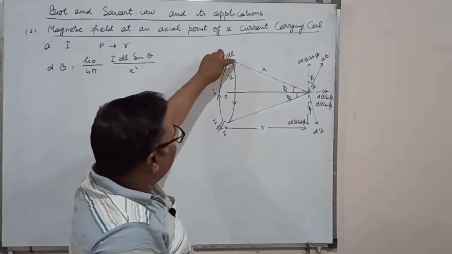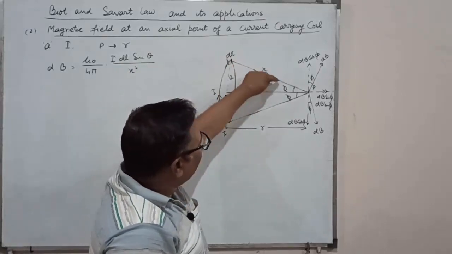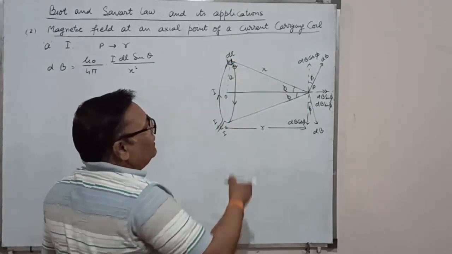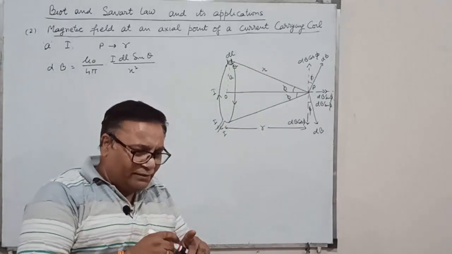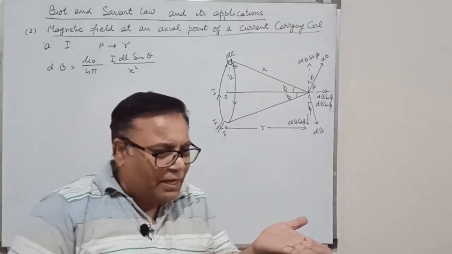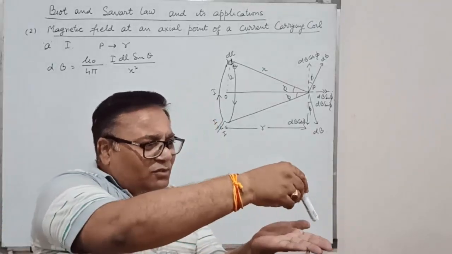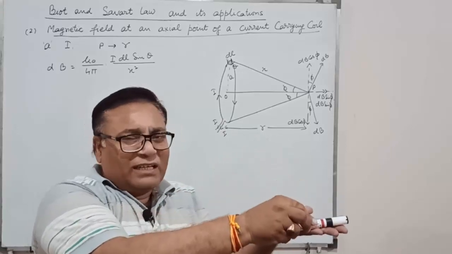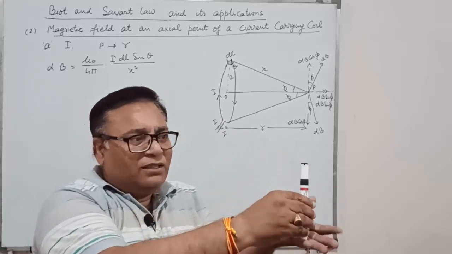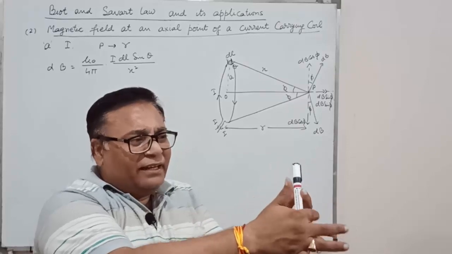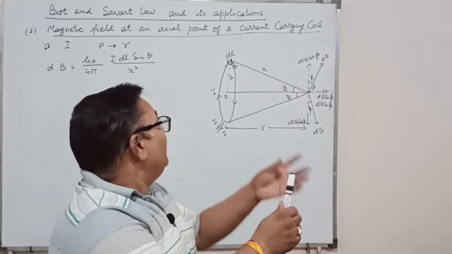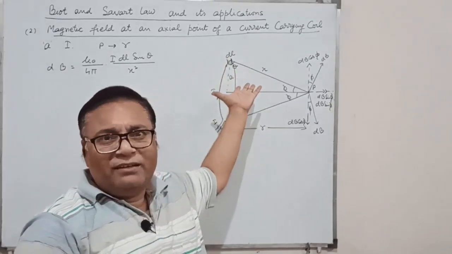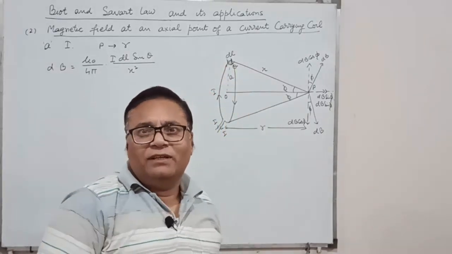This is the direction, this distance is x and the angle is this theta. This theta is 90 degrees. Region in 3D, this is the coil and this circumference and this length. This angle is known as angle theta. This is 90. डायग्राम में 90 नहीं दिख रहा है, लेकिन एक्चुअल में ये एंगल 90 है.